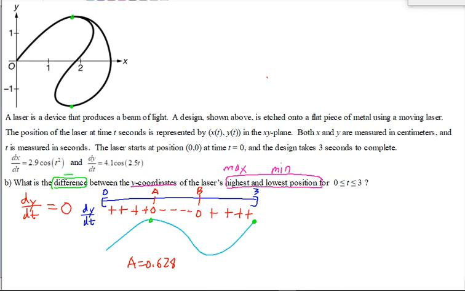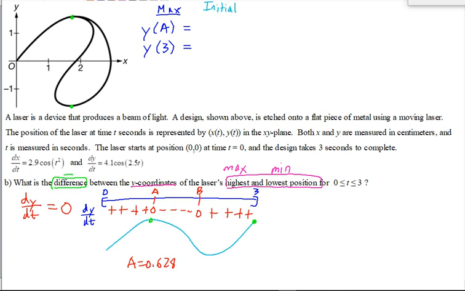So again, we want to compare the y-coordinates. So for the maximum, we want to compare y of A with y of 3. And again, you can see the initial, right here.